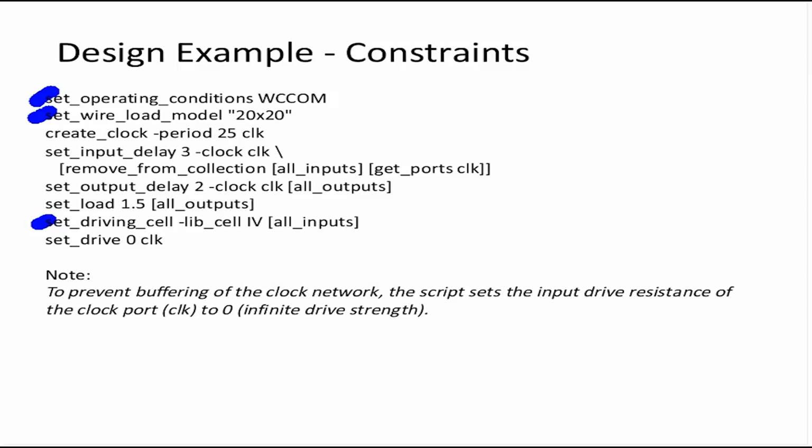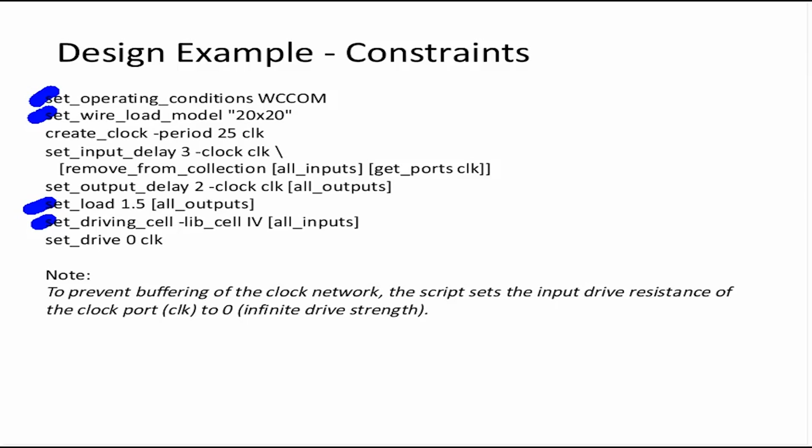So the first two set the operating condition and wire load model. The last two set the driving cell and the load. Let's not look at the set drive for now. This one will set the load for all outputs. All inputs and all outputs are collections. When we use these with square braces, all inputs will return a collection of all the input ports of the design.